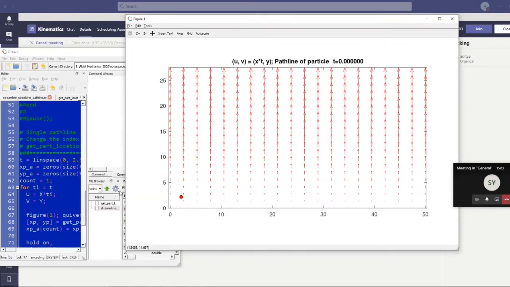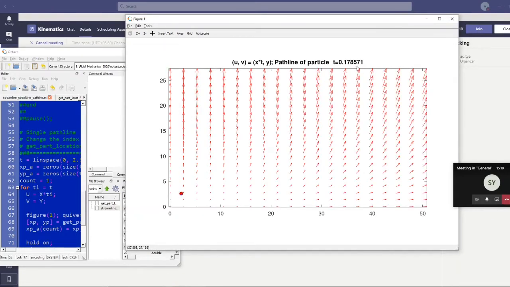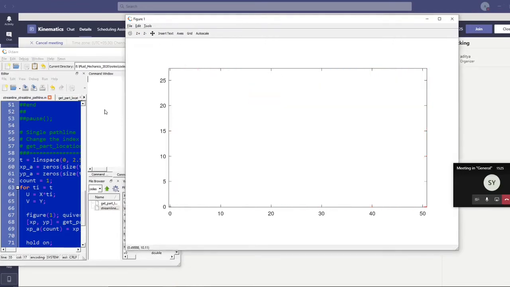Fine. So at t equal to 0, the particle is over here. The velocity is something like this. Now at t equal to 0.178, at this particular point, the values of x and y are still low, but the velocity is dominated in the y direction because the time value is so low. The velocity is marginal in the x direction.